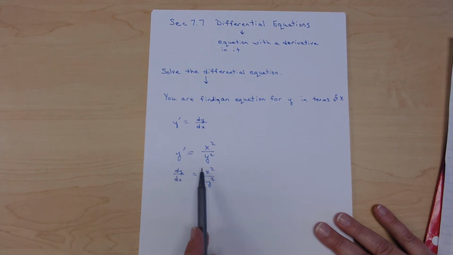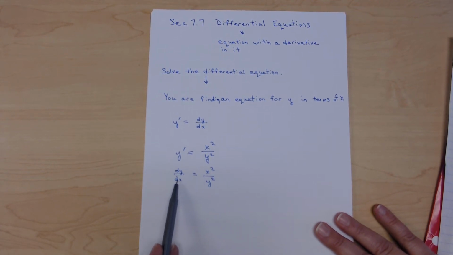If you cross multiply, all the y's will be together and all the x's will be together. So we get y squared dy equals x squared dx. And that's exactly what you're looking for.